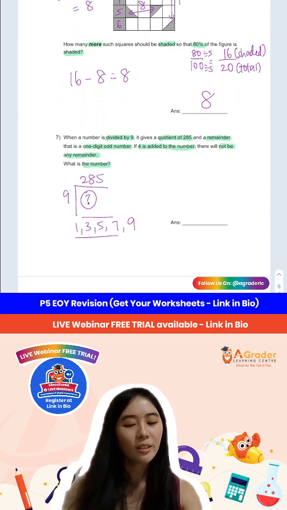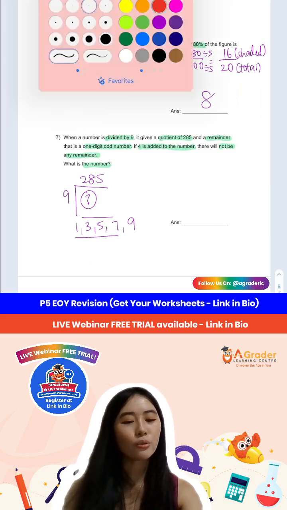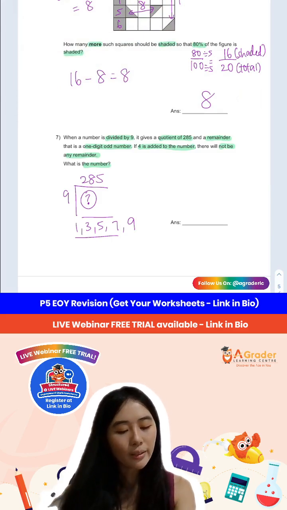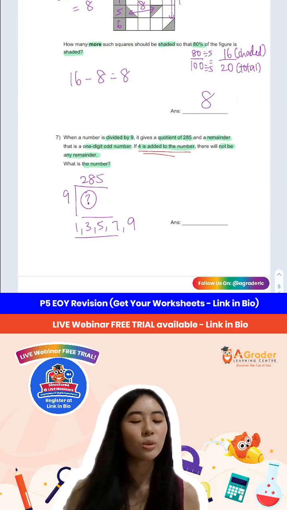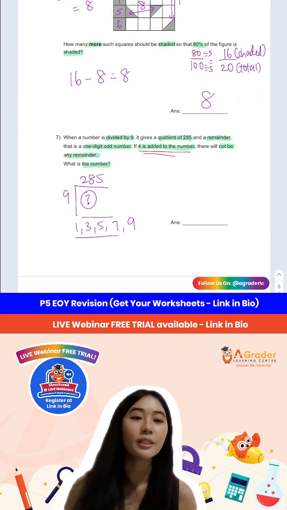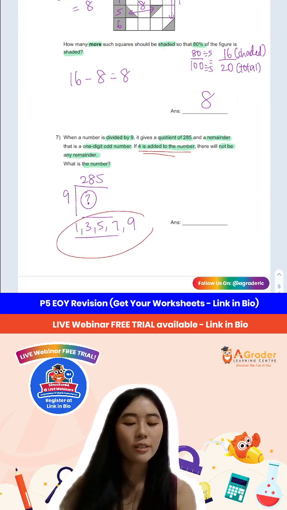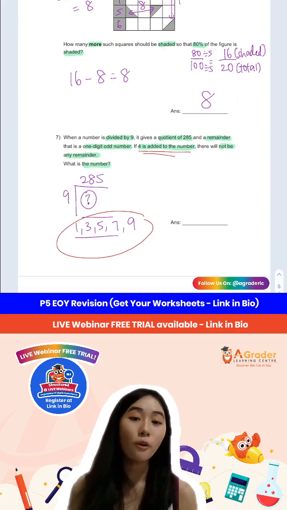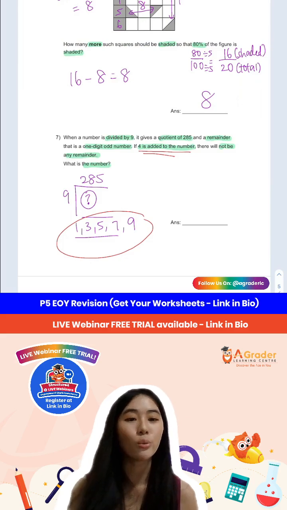Okay, but which of these is the correct remainder? So this is where we look at if 4 is added to the number, there will not be any remainder. So which is the correct digit? If you add 4 to one of these digits, there will not be a remainder. Which digit is it?